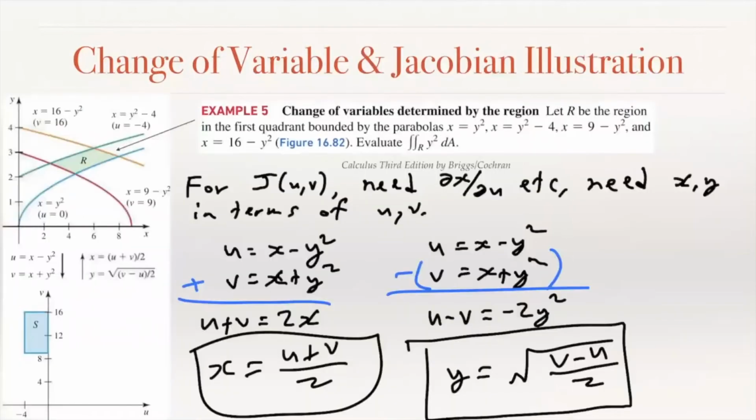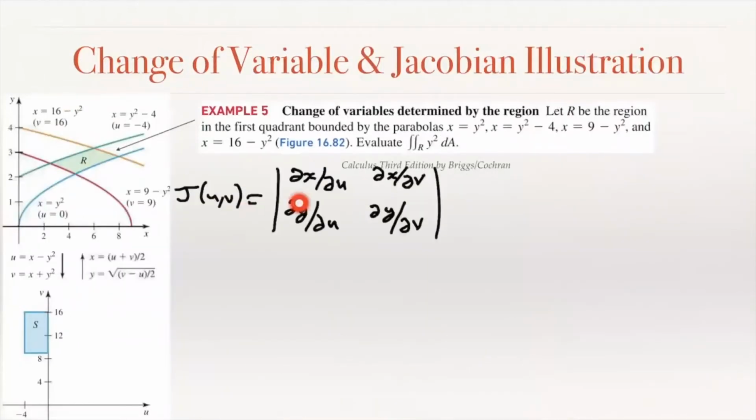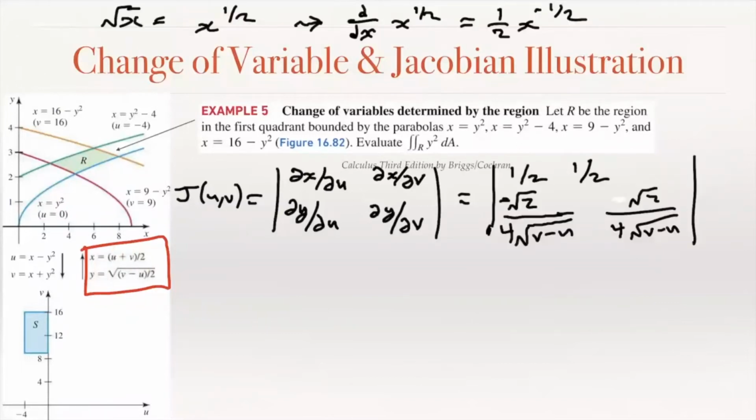Let's do that. Okay, so the Jacobian is this. And again, those x's and y's, we're going to be using this for x and y in terms of u and v. ∂x/∂u, v is constant there, so u/2 becomes 1/2. Similarly, ∂x/∂v is also 1/2. ∂y/∂u is by the chain rule, −√2/4 over √(v−u).